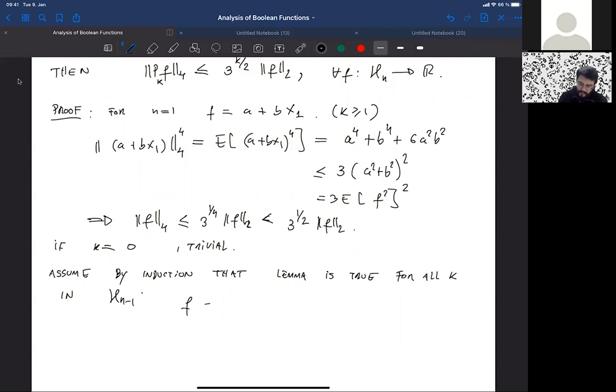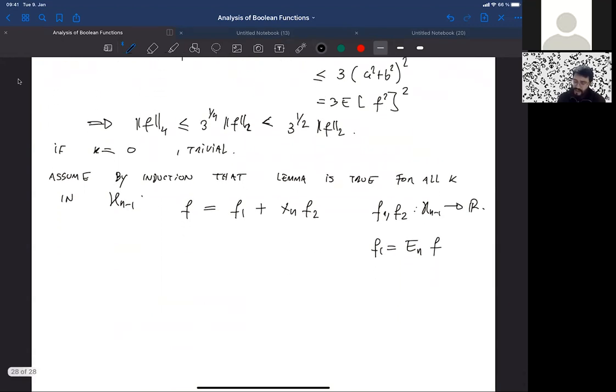But then you write f as f1 plus xn times f2, where f1 and f2 only depend on the first n minus 1 variables. And you can actually give an explicit expression for f1: this is just the average operator En on f, so the average of f in the n variable, and f2 would be just the derivative of f in the n variable.